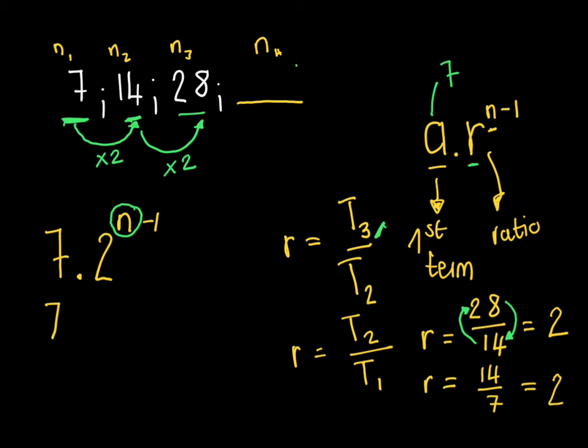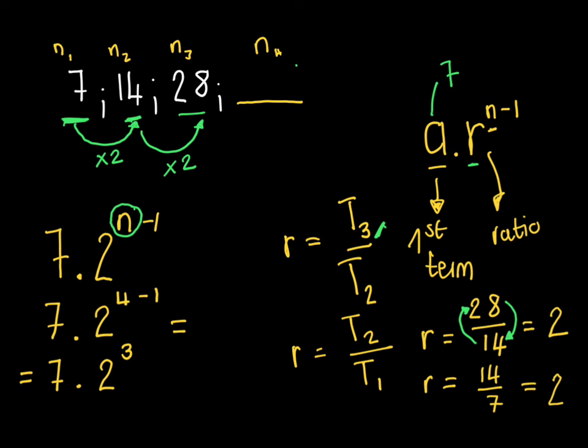Okay, so we're going to get 7 multiplied by 2 to the power of n, where n is number 4, because that's the term we're looking for, the fourth term, 4 minus 1. Let me write it over here: this is equal to 7 multiplied by 2 to the power of 4 minus 1, which is 3.